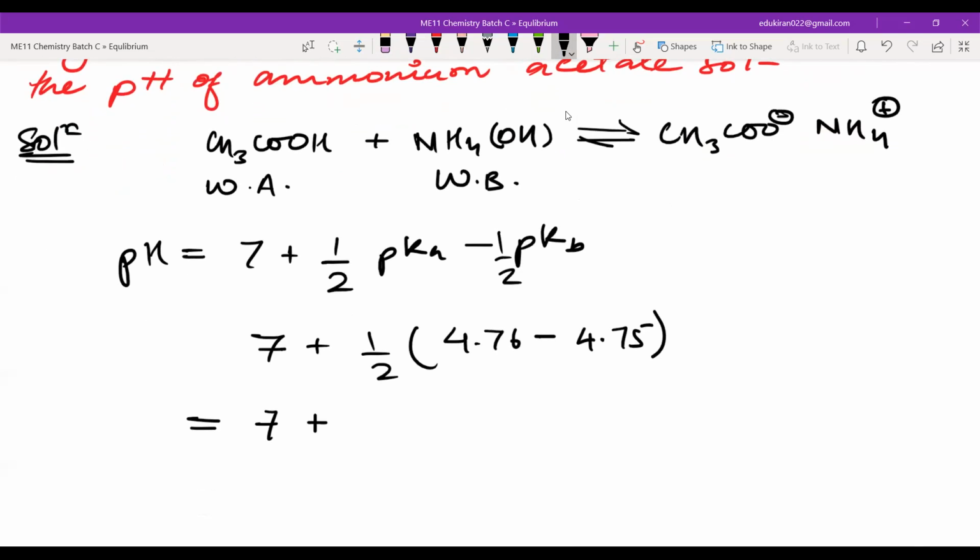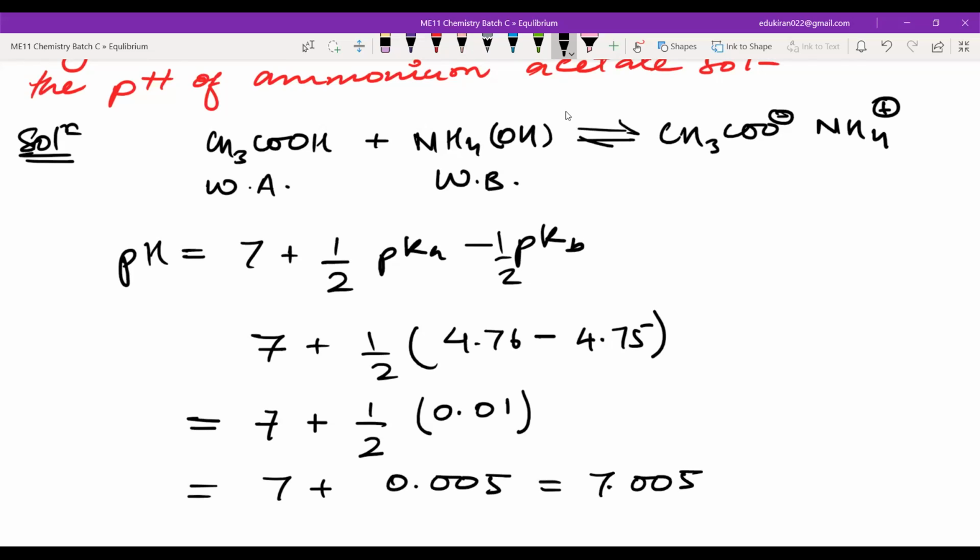So this will be equal to half of 0.01, which is 7 plus 0.01 divided by 2, that is 0.005. So this is the pH.